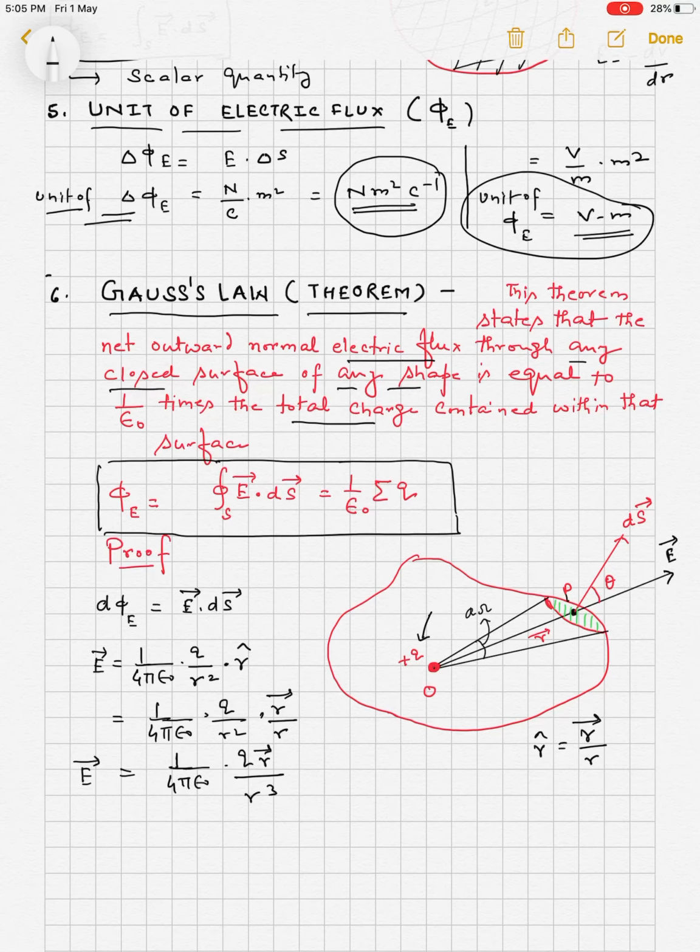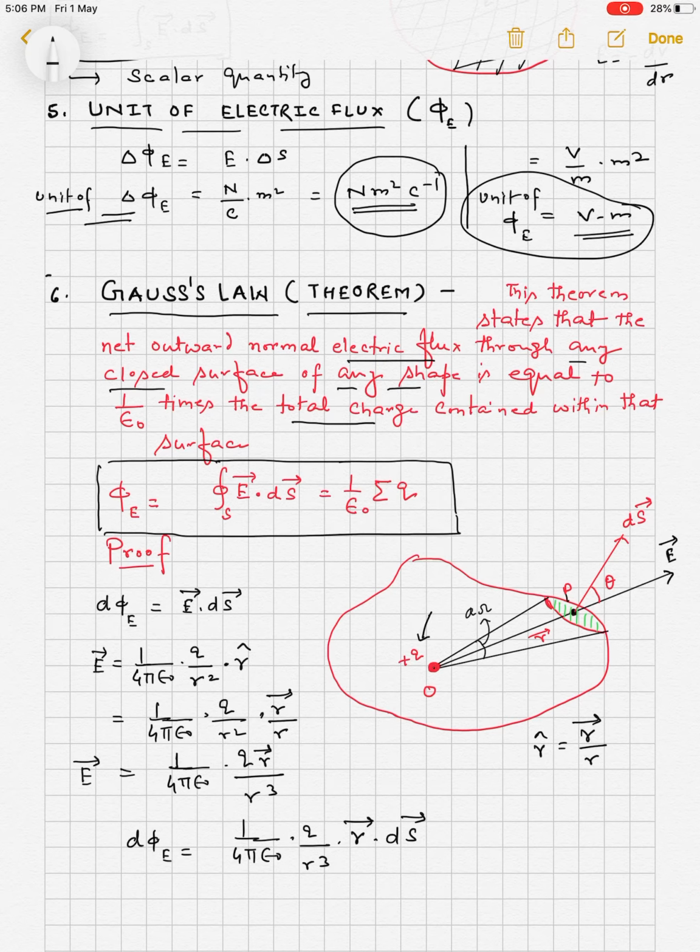Now this d phi E is equal to 1 upon 4 pi epsilon naught q upon r cube into r vector dot ds vector. And as we have seen earlier, what is solid angle?